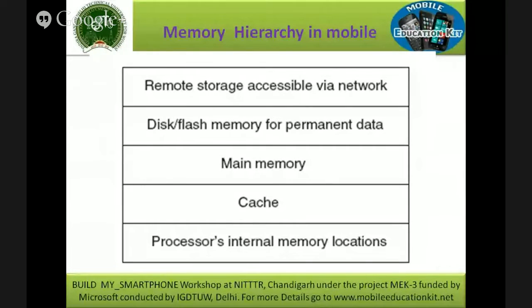So many of the device drivers that need to be in the OS for mobile devices and for desktops are very different, because the driver for disk reading and writing is completely different. There are no disk memories at all. If there are no disk memories, at the same time I need to have a file system on the mobile devices. How am I going to implement the file system?